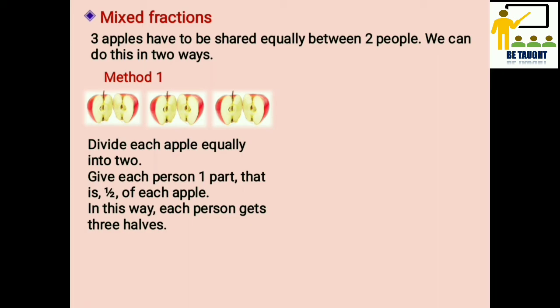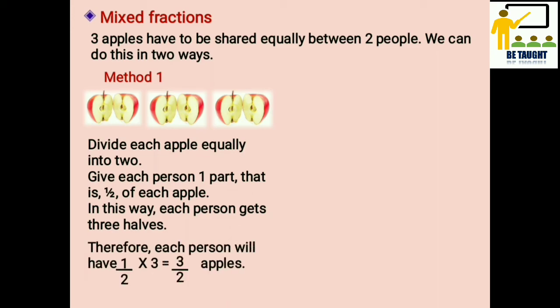Give each person one part, that is half of each apple. In this way, each person gets 3 halves. Therefore, each person will have 1 upon 2 into 3, which is equal to 3 upon 2 apples.